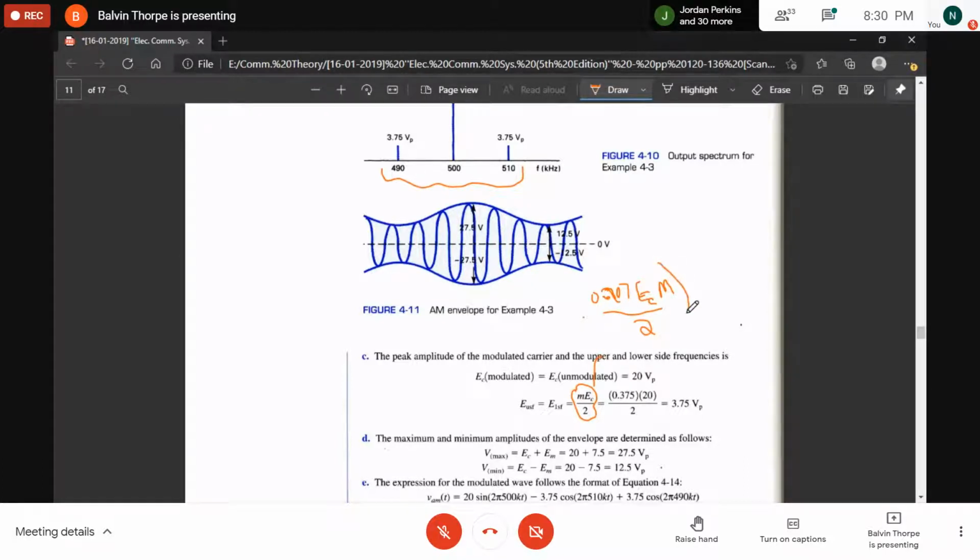And all of this is over R, because that's what power is: voltage squared over R, agree?